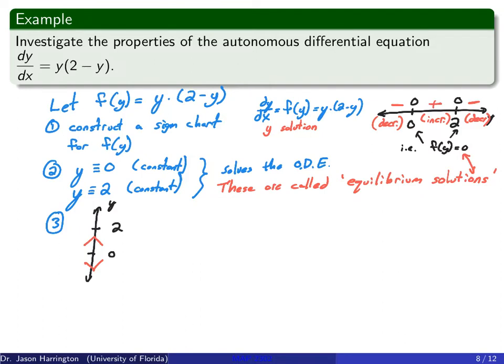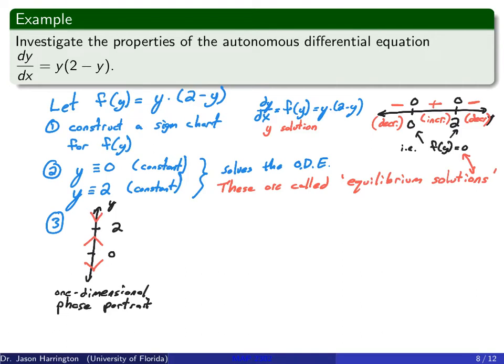And from 2 to infinity, it's going to be decreasing. Now this image that I just made is called a one-dimensional phase portrait. And it's going to tell us a lot about how the solution is actually going to work.